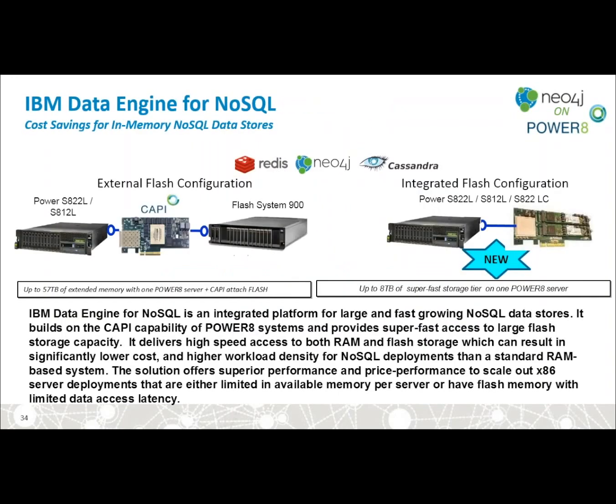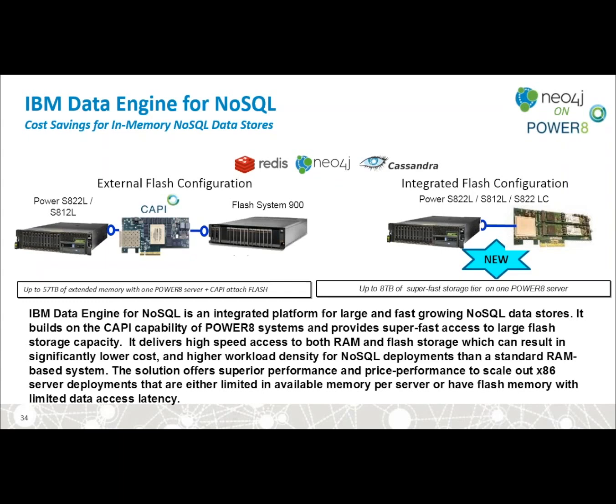What did we do with this? We used this CAPI capability to develop a unique platform called the IBM Data Engine for NoSQL. This is an integrated platform for large and fast-growing NoSQL data stores in general and Neo4j in particular. We leverage the CAPI capability to provide a high-throughput, low-latency connection to flash storage.